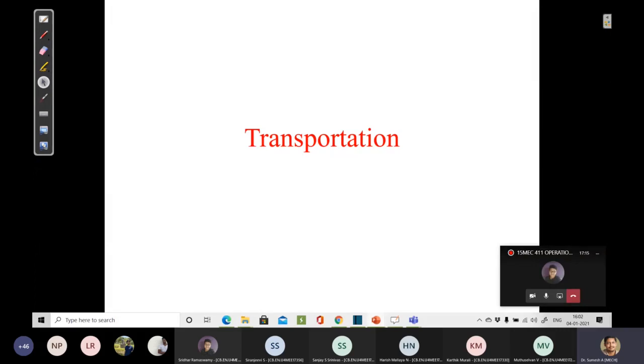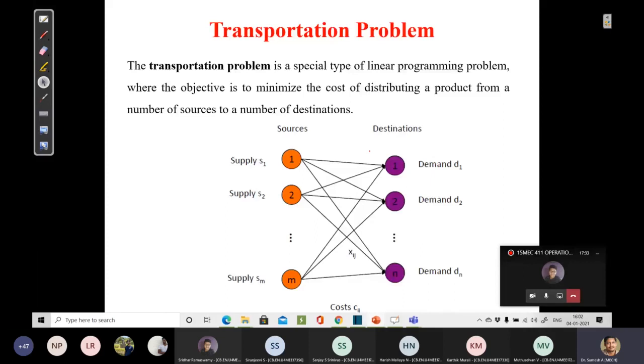As I told you in the previous classes, the product will be manufactured in some places around the globe, where labor is cheap, materials are available, or they have some benefits by keeping the plants there. And they will be selling the product across the globe in various regions.